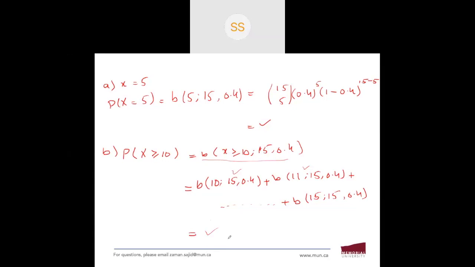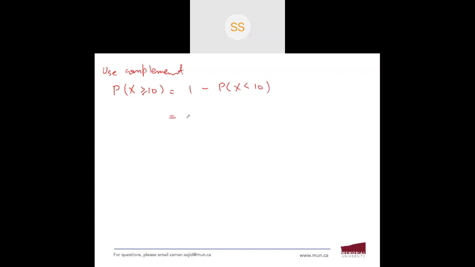Now another way is that I'm going on the next slide now, please. Another way is that you use the complement function, which we have studied before. How do we do that? We are interested in finding P of x greater than or equal to 10. That is the same as 1 minus probability of x less than 10.